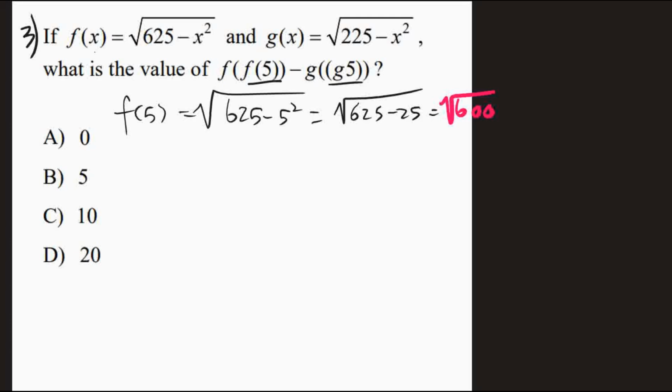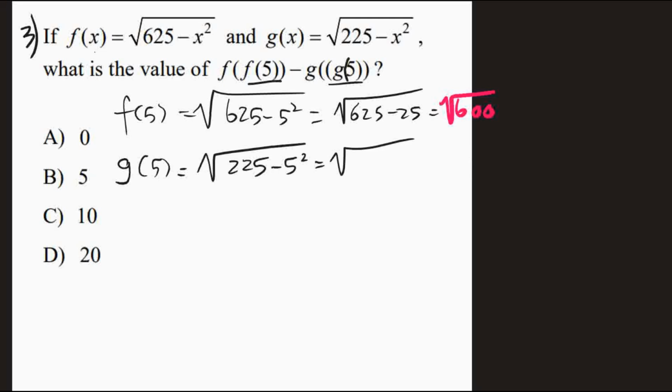Now f(5) is done. g(5). In here there should be a bracket, so it will be clear. g(5) is equal to the square root of 225 minus 5 squared, so it will be the square root of 200.